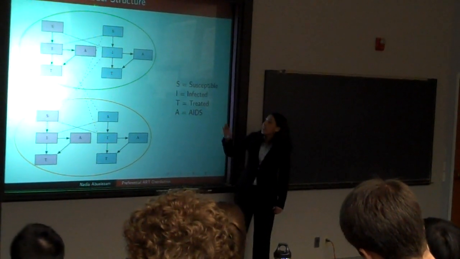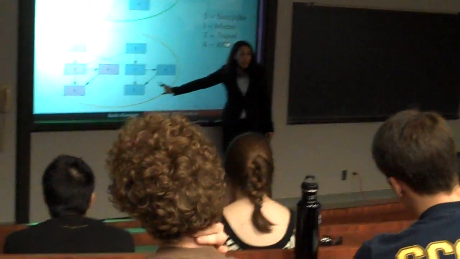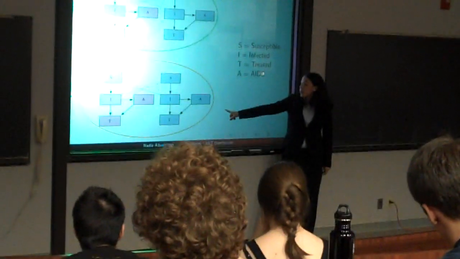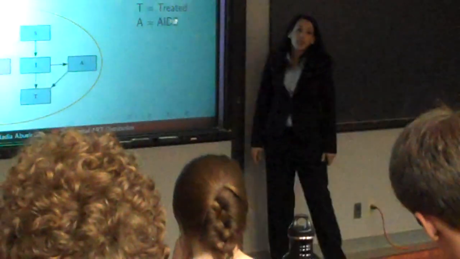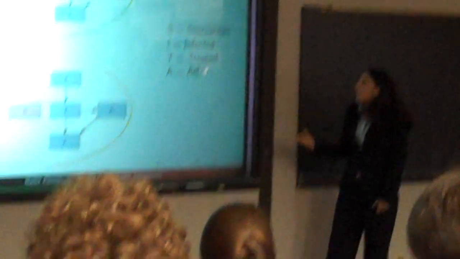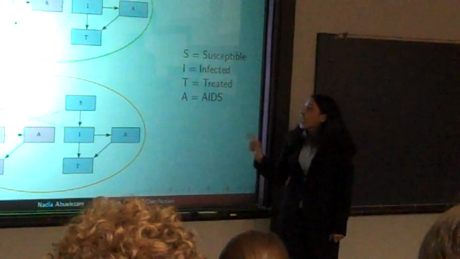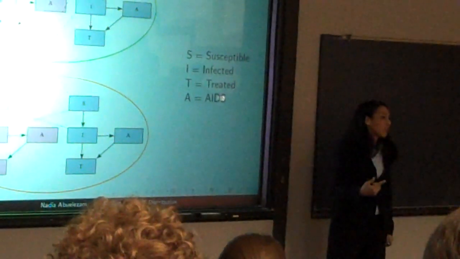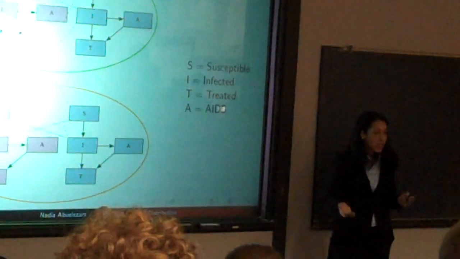You'll notice that besides adding a second population, we've also added two compartments. The first compartment is the AIDS compartment, people who have AIDS. The second compartment is the treatment compartment, those who are being treated. You'll notice a few more assumptions are being played here. The people who have AIDS are not interacting with anybody. One of our main assumptions is that those who have AIDS are too sick to infect anyone else.